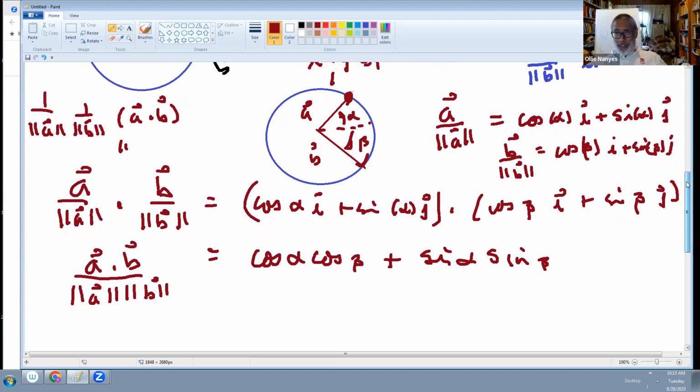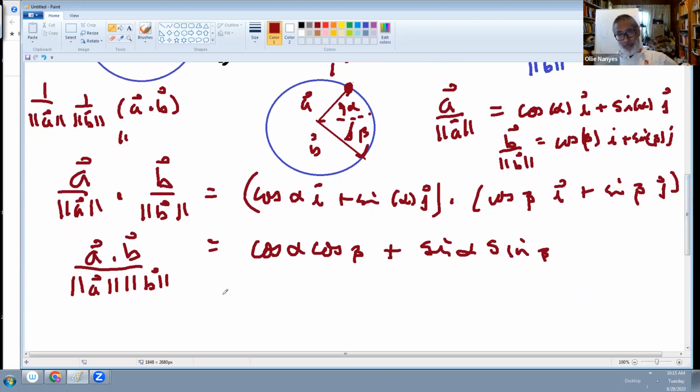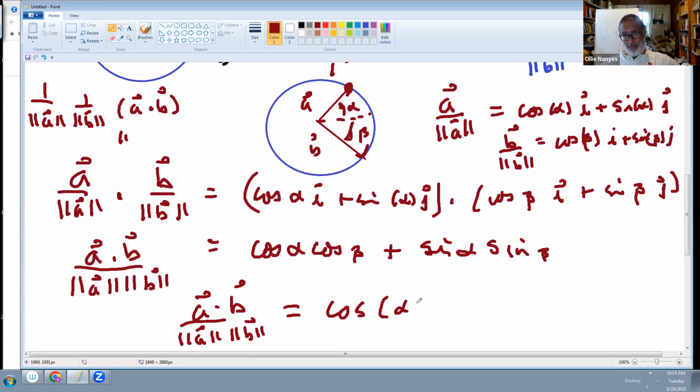Well, lo and behold, by our angle addition and subtraction formulas, this is an angle subtraction formula.